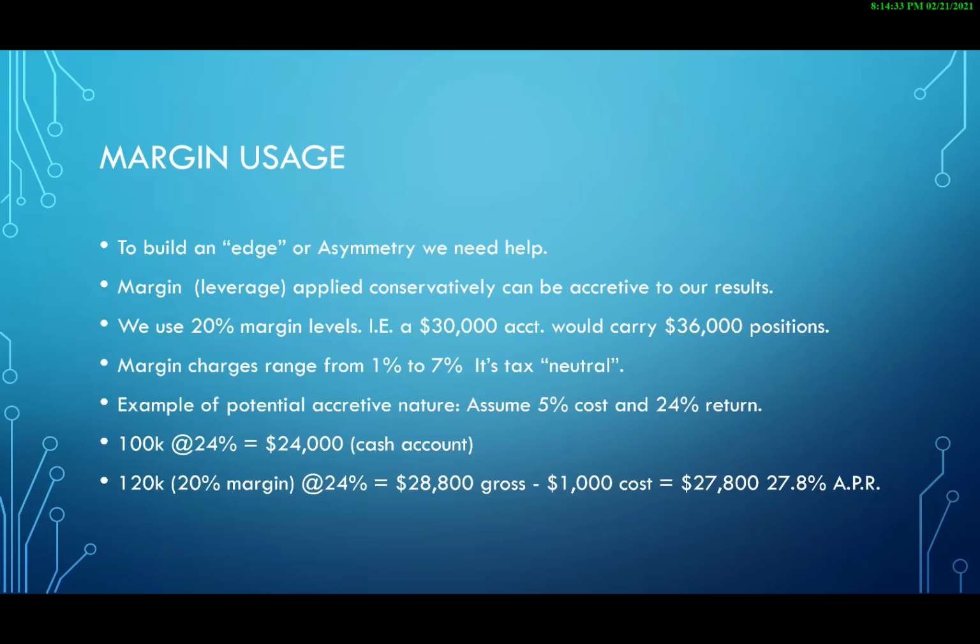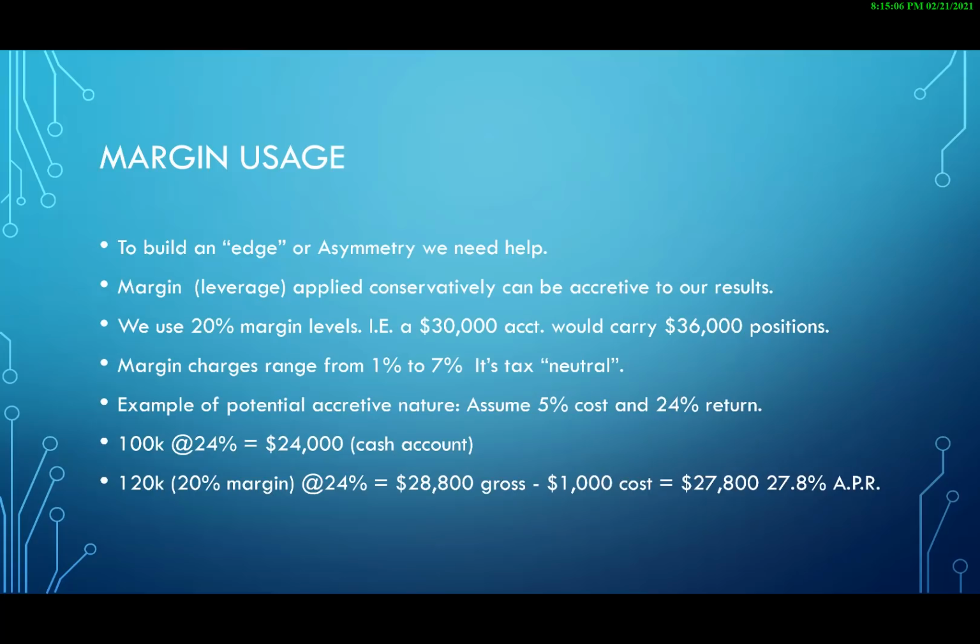If we generate a 24% rate of return, that's a $24,000 return, 24% cash on cash. If we take that same account and use 20% margin, which gives us the ability to invest $120,000 at that same 24% rate of return, that is a gross return of $28,800.